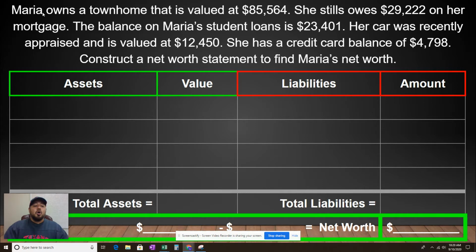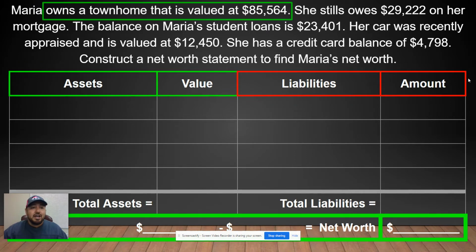So she owns that townhome, and so it is going to be an asset. So I'm going to highlight that. On your activity, you're actually going to highlight it, but I boxed it. So she owns that, so that is going to be an asset. So I put the asset name right here, and I put the dollar amount value here.